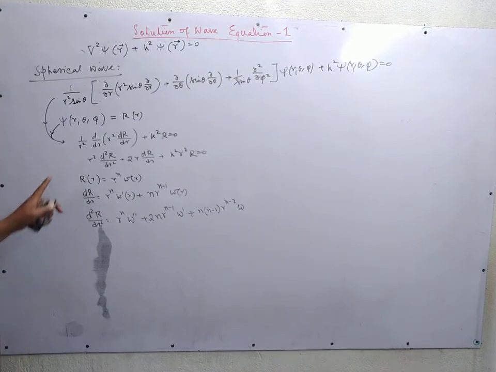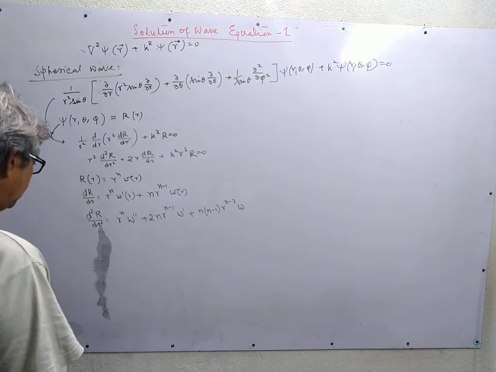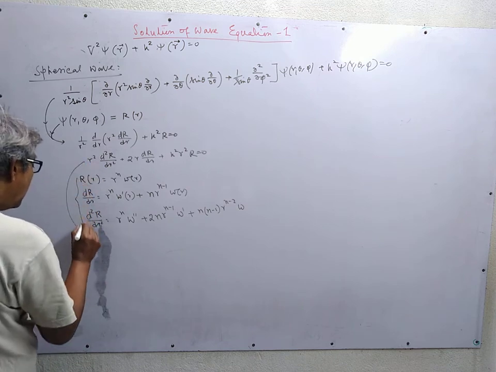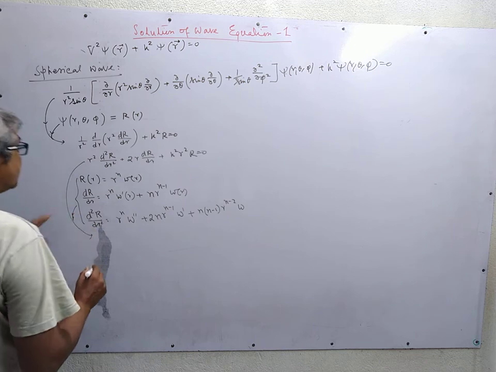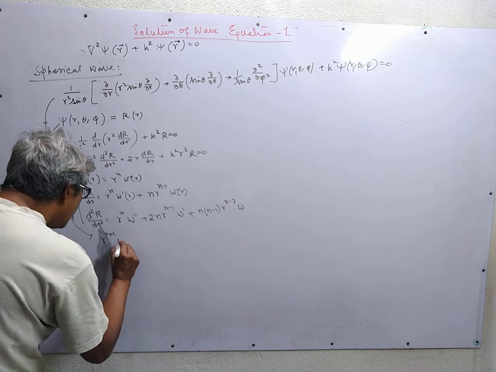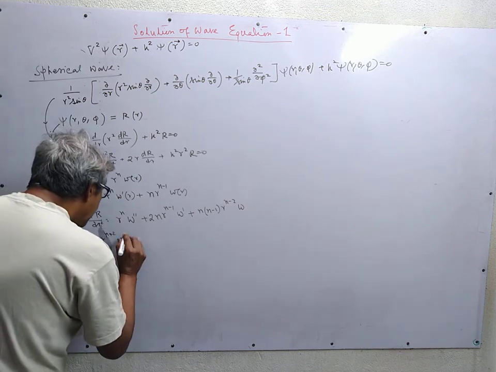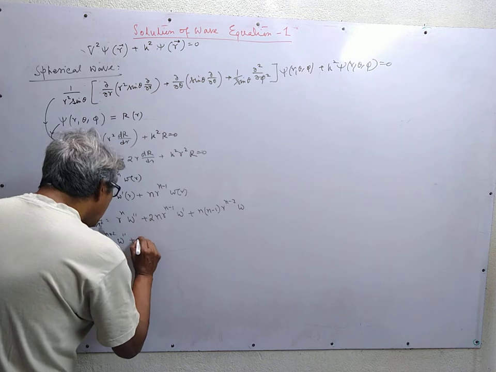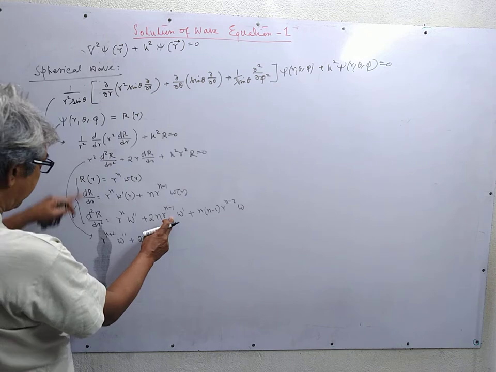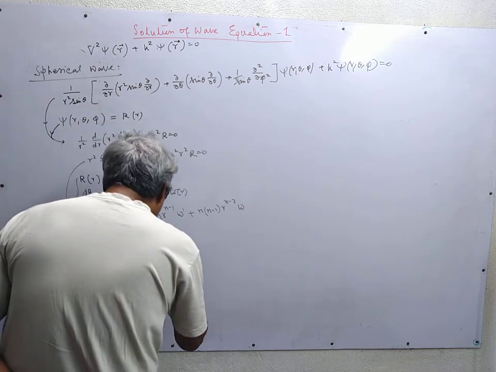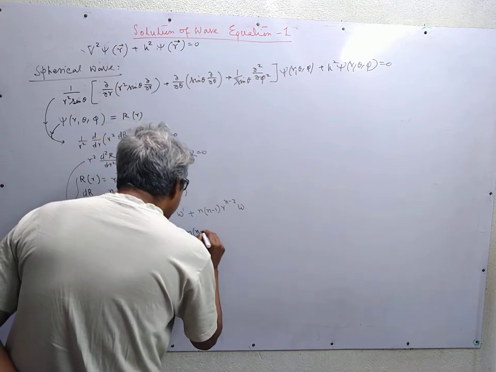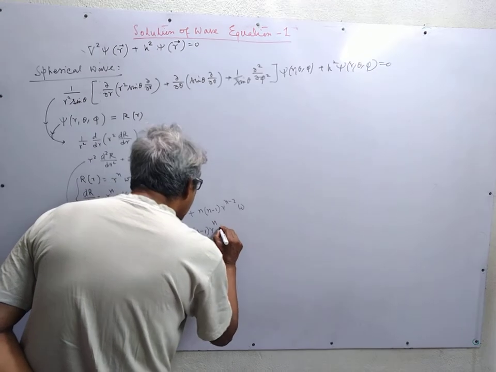If we substitute all these things in this equation, then we get r to the power n plus 2 w double derivative of w, plus twice n r to the power n plus 1 w prime, plus n into n minus 1 r to the power n times w.